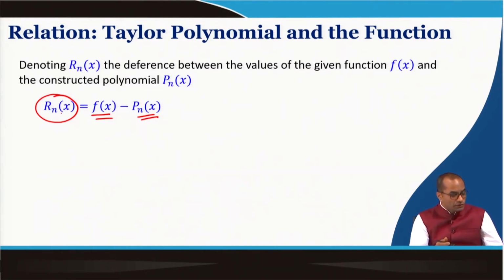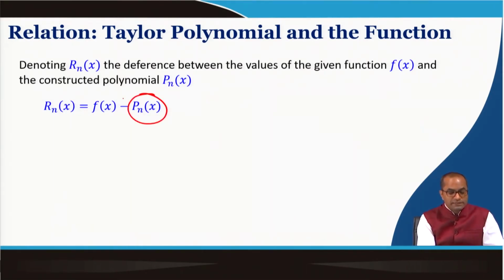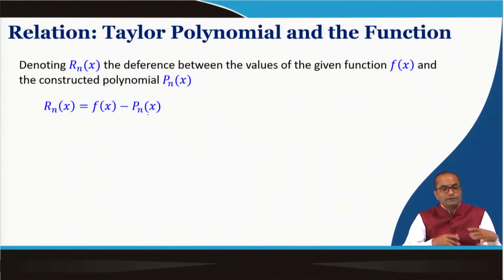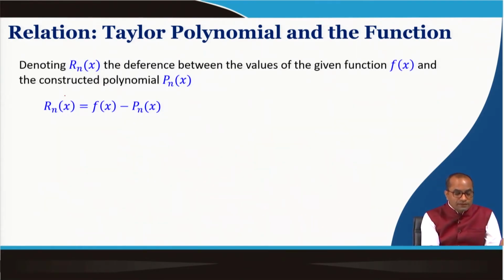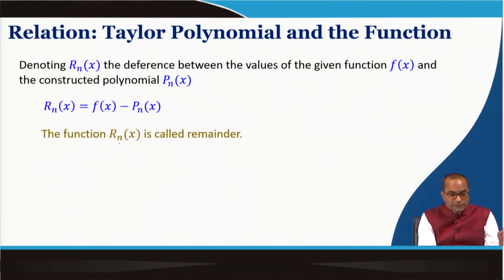Naturally this is not 0, because as we discussed, Pn(x) is an approximation of the given function f(x) only at the point of expansion. At x naught there is no error, but other than that we will have some error. So we will analyze what kind of error formula we get depending on n. The function Rn(x) is called the remainder of the Taylor's polynomial.